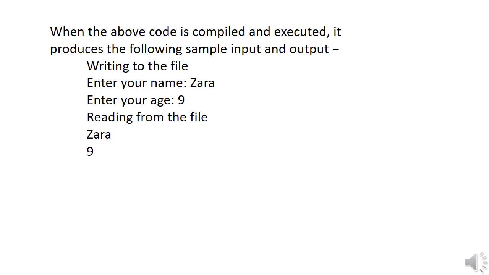So by using the object of ifstream class, we can read data from the file afile.dat. That will read name and age from afile.dat and display them on the monitor. The syntax for the same we already discussed in the previous slide. So you will get output like this.